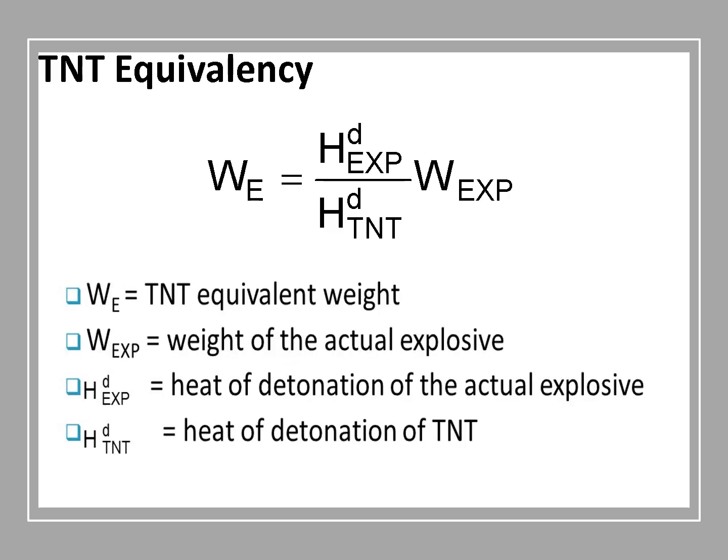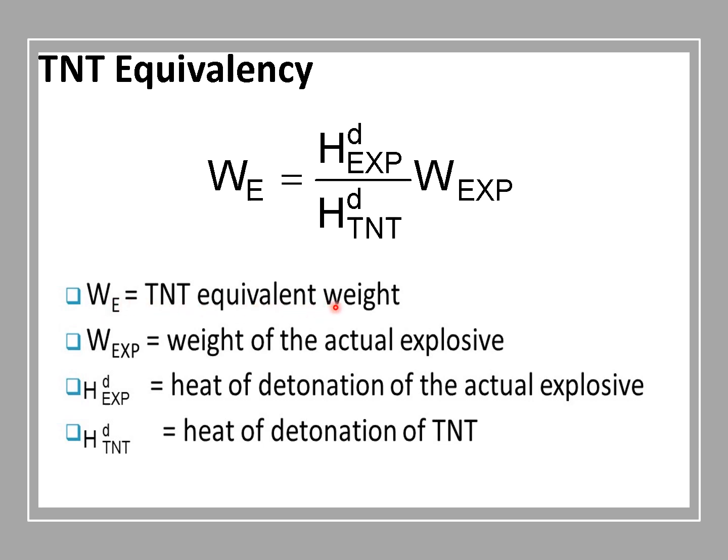We now want to clarify what we mean when we talk about TNT equivalence. The trinitrotoluene, or TNT, explosive studies served as the basis for the formulas and graphs utilized to assess blast load characteristics. Information for other explosives can be obtained by relating the effective charge weight of those explosives to that of an equivalent weight of TNT.